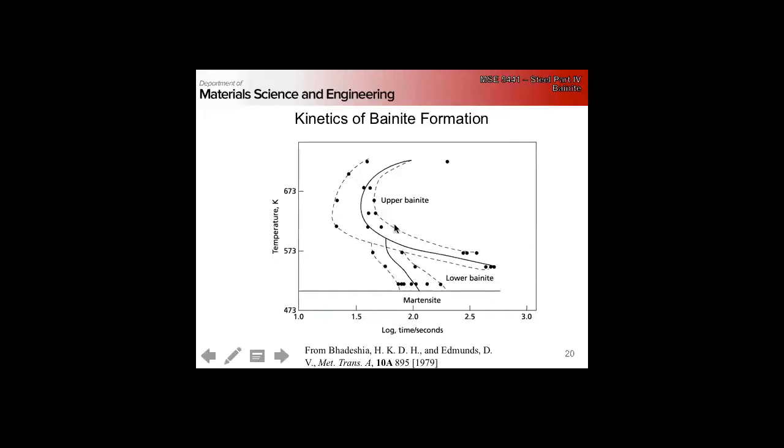So to come through here, and depending on how he hit the nose of this, he was able to go through a region where there was a certain amount of upper Bainite and then quench to martensite, right? But if he kept going, then he would hit into lower Bainite. By doing a whole lot of really careful, experimentally controlled curves and quenches, he was able to show that the kinetics of upper Bainite and lower Bainite are pretty different.